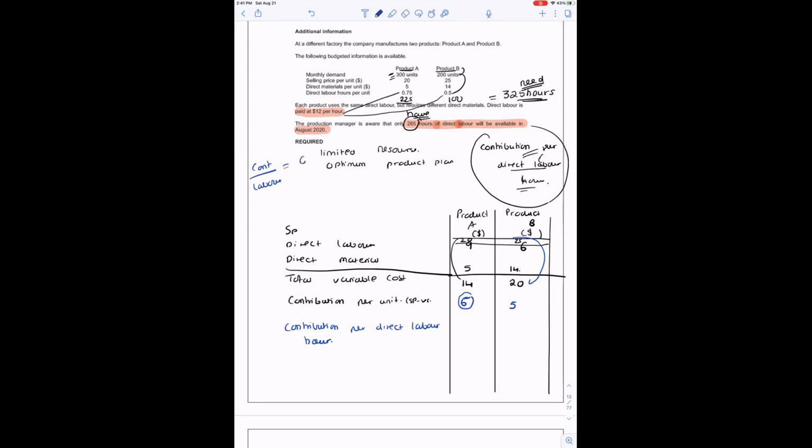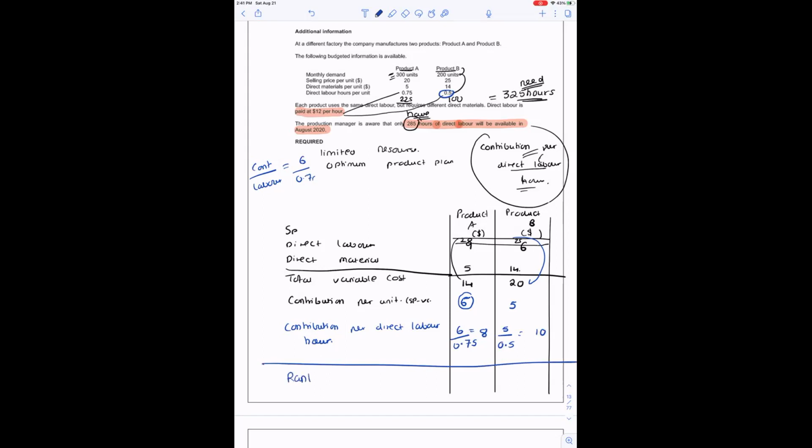What is my contribution? 6 upon labor hour, 0.75. 6 divided by 0.75 is going to give me the contribution per labor hour as 8. And what is the labor hour over here? It is 0.5. So contribution per labor hour 5 divided by 0.5, it is going to give me contribution per labor hour as 10.